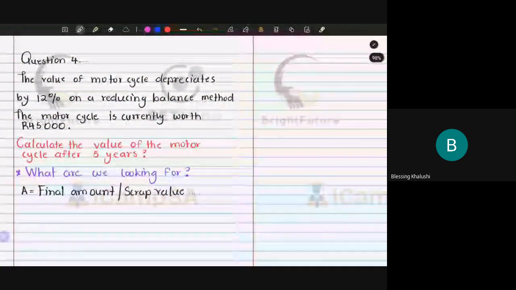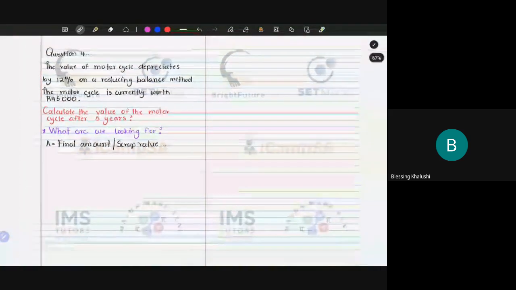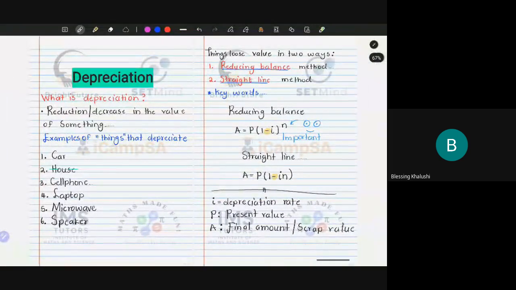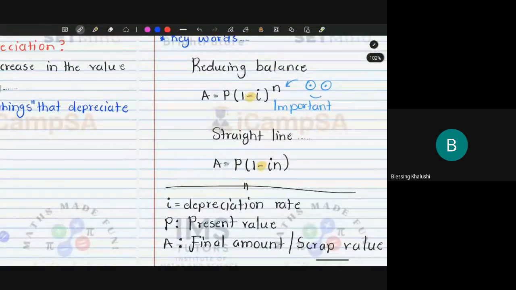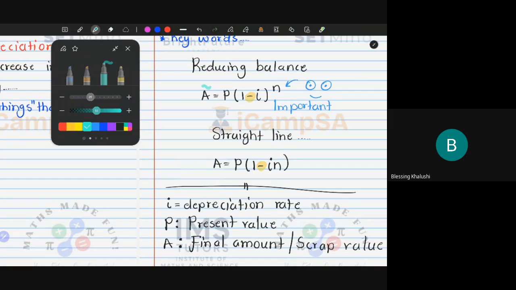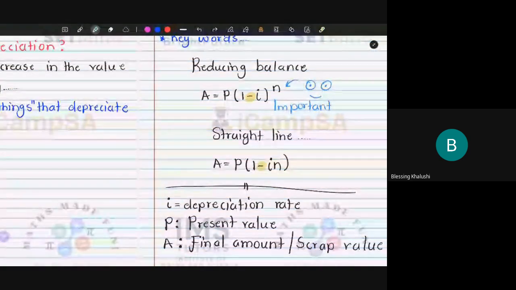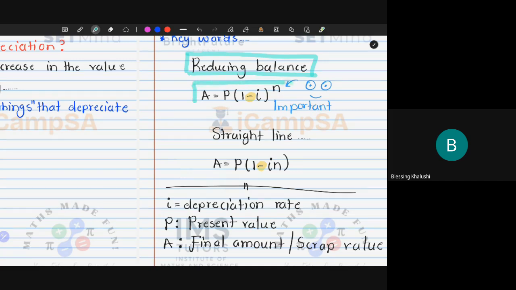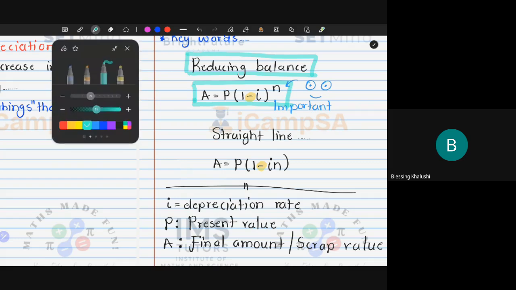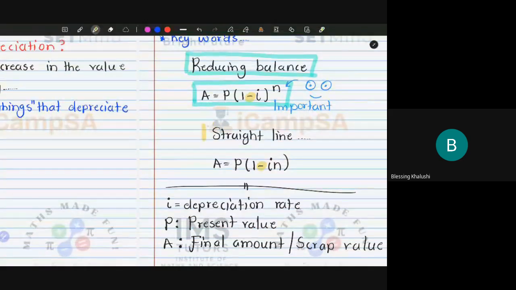And then now my question to you guys is, we have two formulas. So I explained to you here. We have the one that has an n on the exponent and the one that has n down. And you should make sure that you remember those properly. So once they say reducing balance, it goes with this formula. And the other one, straight line, goes with the other formula.